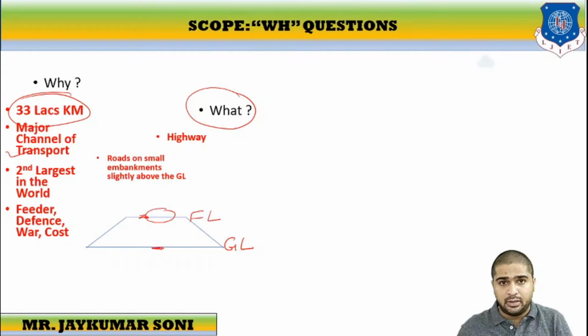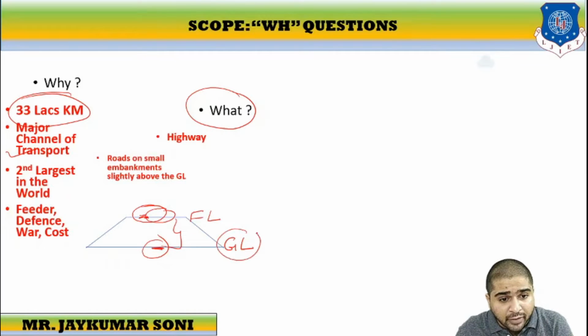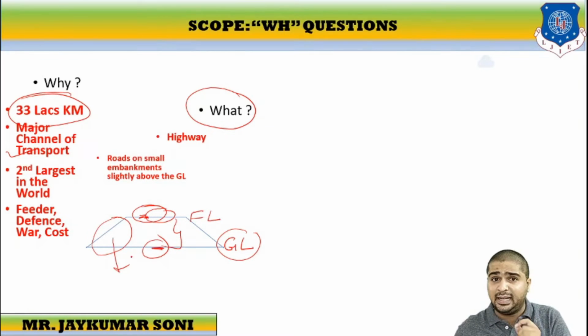This is the ground level. You can observe that there is a huge height difference between this surface of the road and this ground level. If the surface of the road is constructed above this ground level, then this particular segment is called a slope, and in technical language it is called an embankment.